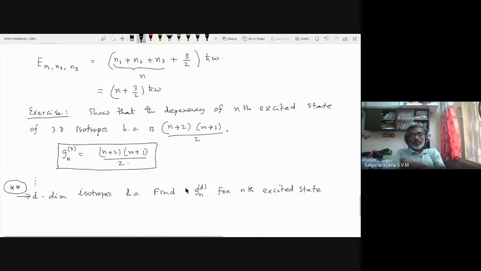Now, the degeneracy will be lifted, or the degeneracy will not be there, if you have an anisotropic harmonic oscillator.